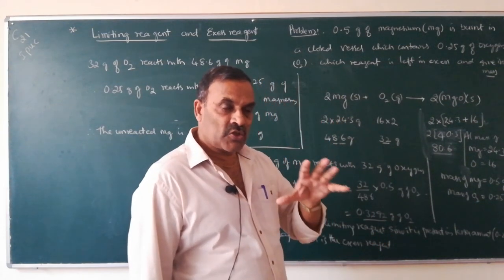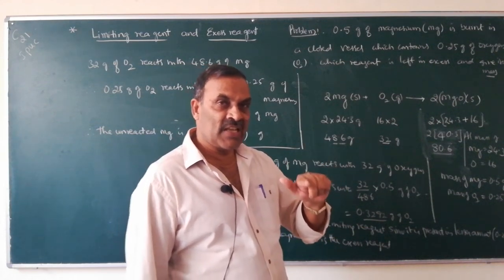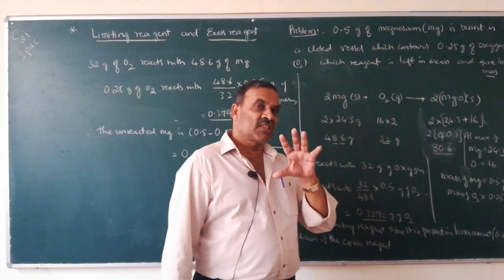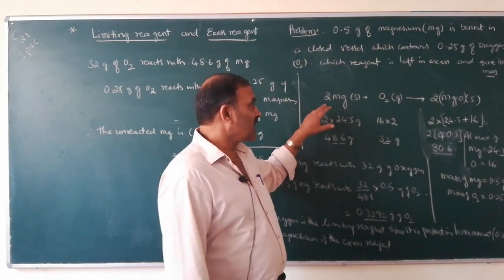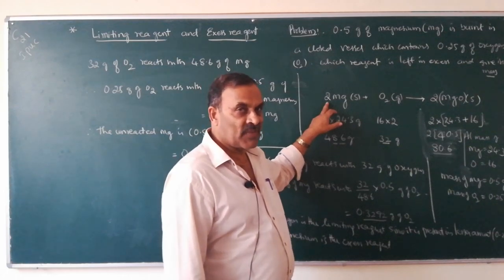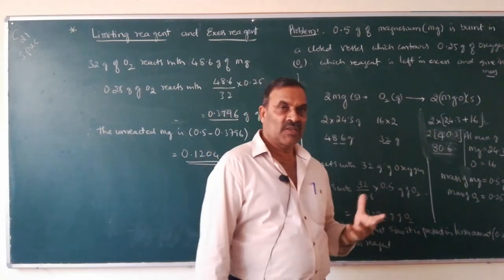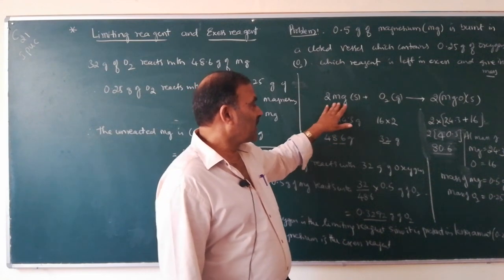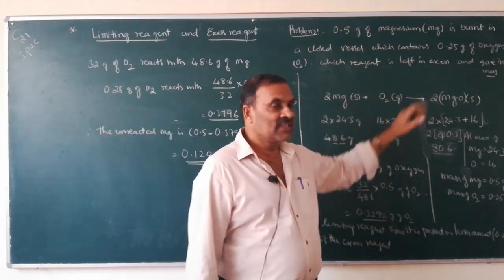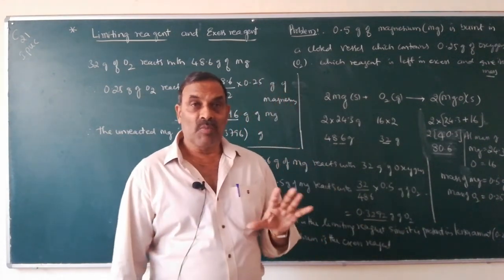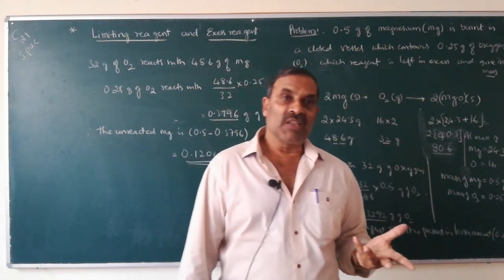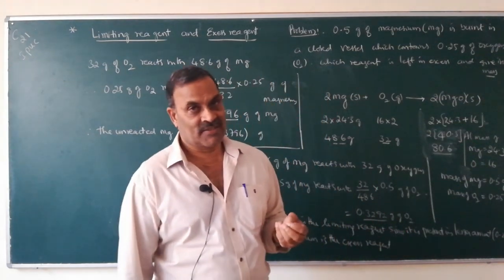To calculate which is the limiting reagent and which is the excess reagent, we have to write the balanced chemical equation for the combustion of magnesium. Magnesium reacts with oxygen forming magnesium oxide. You have to balance this equation. Unless you balance the chemical equation, we cannot determine the exact masses.